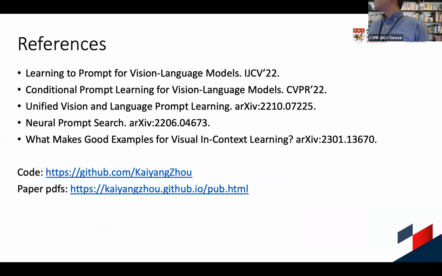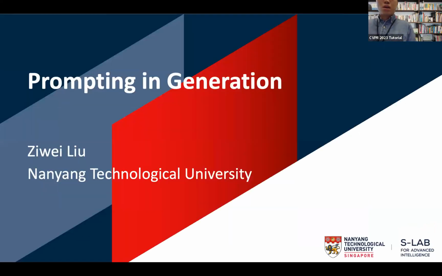And here we have code available on this link. You can just go to the link and find the code and play with the code. So that's the first part of this first tutorial, and we may have some time for a couple of questions if you have any about prompt learning for visual language models.